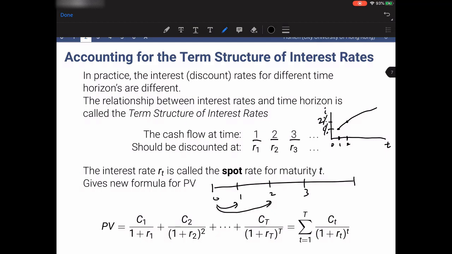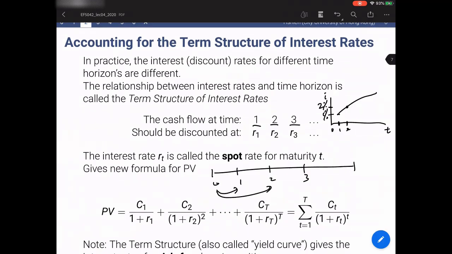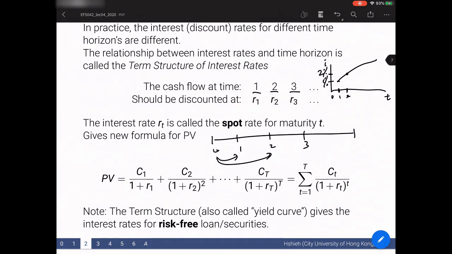Okay, so given this term structure, our present value of riskless cash flows C1, C2, all the way up to CT, for example, each of those cash flows are paid out at different time horizons, and those cash flows therefore should be discounted at the opportunity cost of riskless return corresponding to that time horizon.